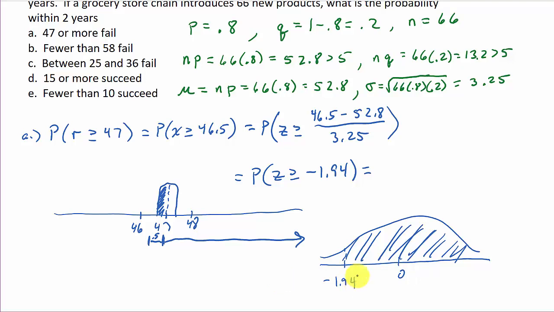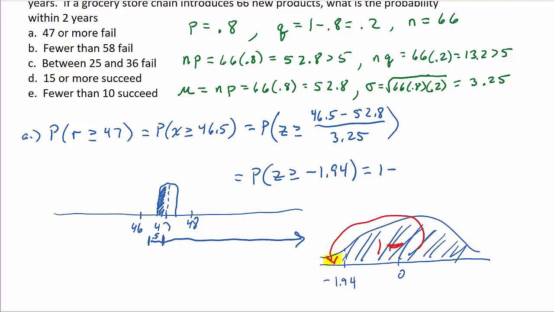So when I get the area to the left, I've got to do 1 minus this area here to get this area here, because remember, the area under the entire curve is 1.